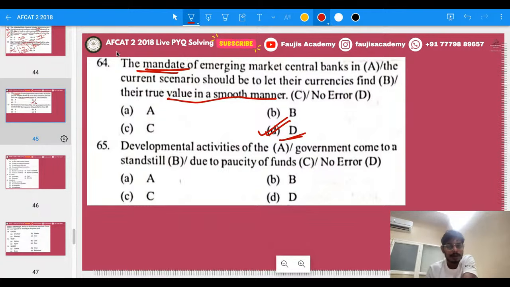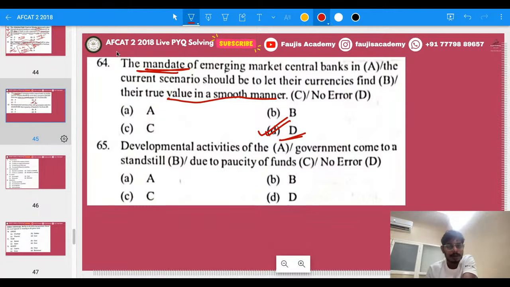Paucity means less, something which is scarce. Scarcity is paucity. Keep that in mind. This word is important. It's a previously asked word. So tell me, 65, what could be the answer?